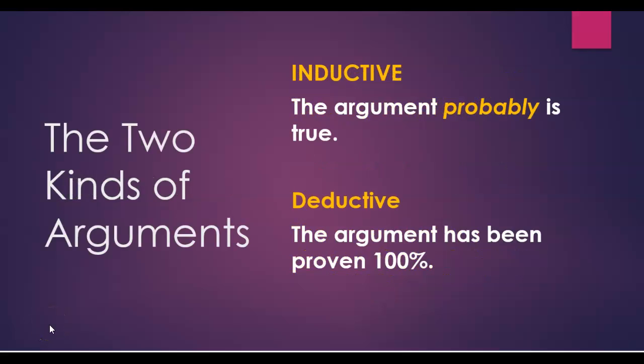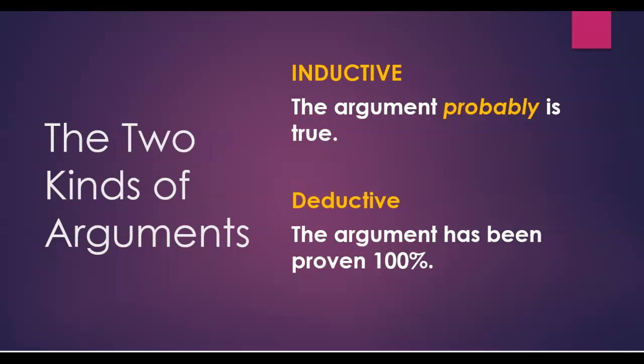Now there are two types of argument. The first argument is called an inductive argument. The second kind of argument is called a deductive argument. The inductive argument is an argument in which the conclusion is probably true. Okay, so you've got evidence, it leads to a conclusion, and so therefore you have built a good case, and it is probably true. The key word here is probably.